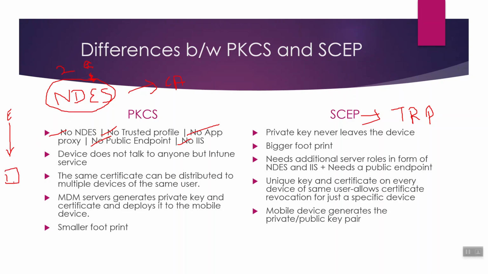So the flow is the devices connect to that external URL and go to the Azure App Proxy, AAP. Azure App Proxy is a proxy which is going to route all the requests from the external URL to the internal URL. From the internal URL, the NDES is going to fetch that request and go to the CA.